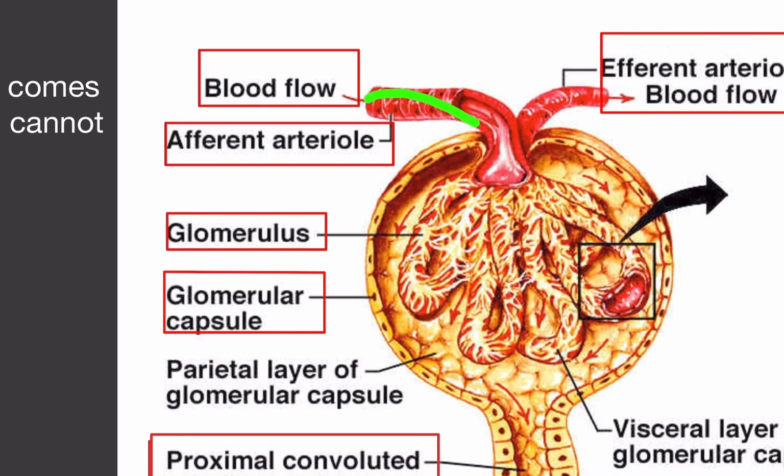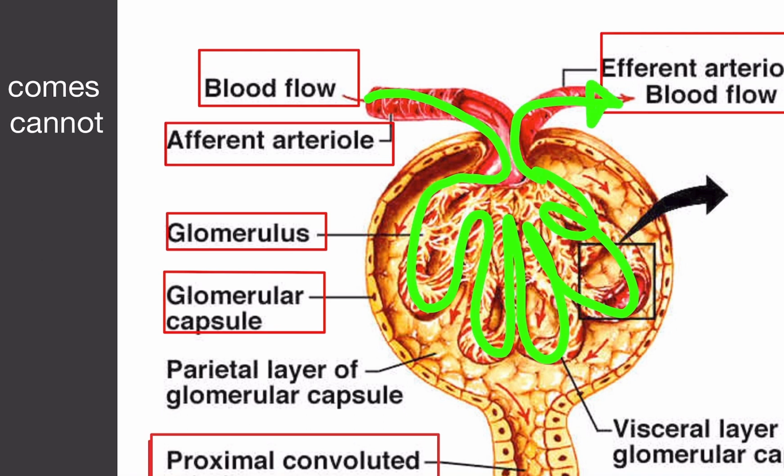The blood enters and it goes through the glomerulus. On top of the glomerulus are certain barriers, and these barriers are what does the filtering. Now stuff that is not filtered passes through the entire glomerulus and exits out the efferent arteriole. So stuff that is not filtered out.